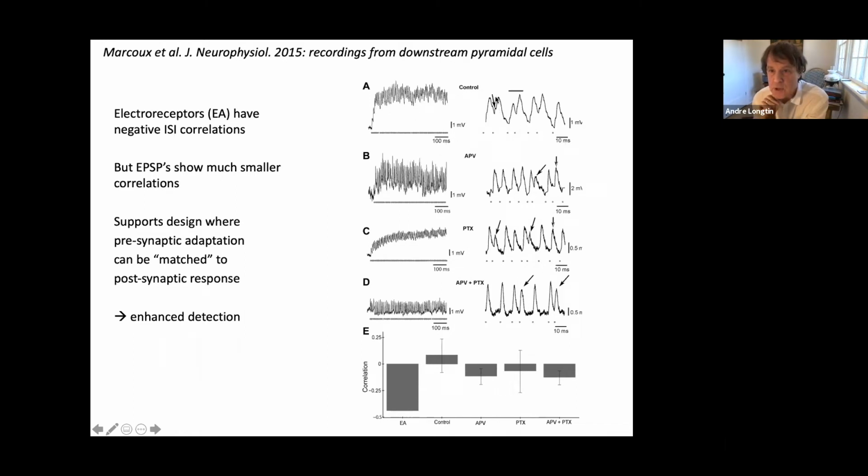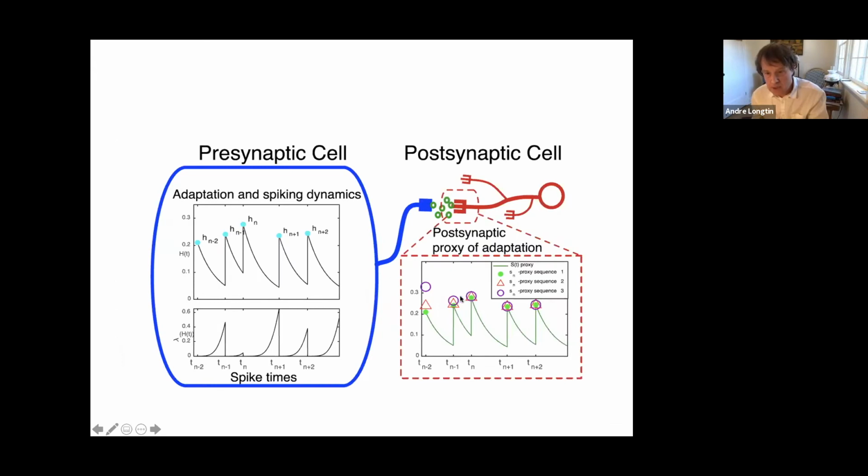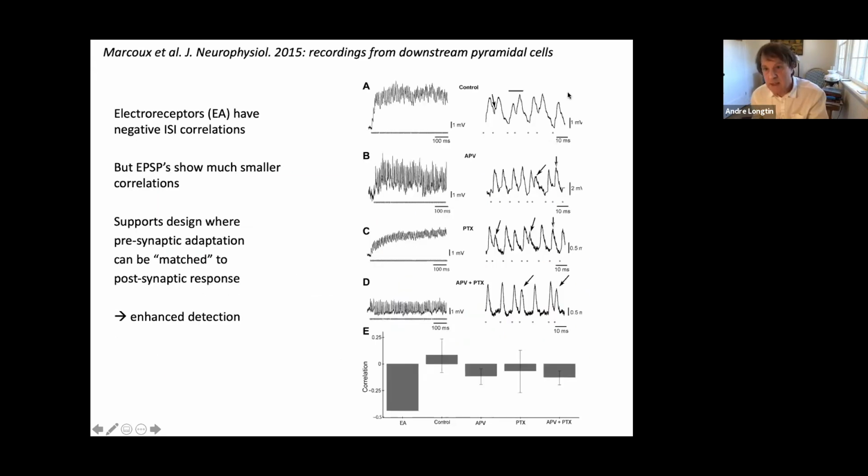So in the control, if you look at the successive heights of these EPSPs, they would be like the synaptic proxies here, okay? And these heights actually show little correlation. And we're trying to unpack this whole sensory system because this is very classic. Most sensory systems and lots of transmission in the brain is set up like this. You have AMPA and NMDA, GABA, and we poison them one by one and try to figure out who's important for what.